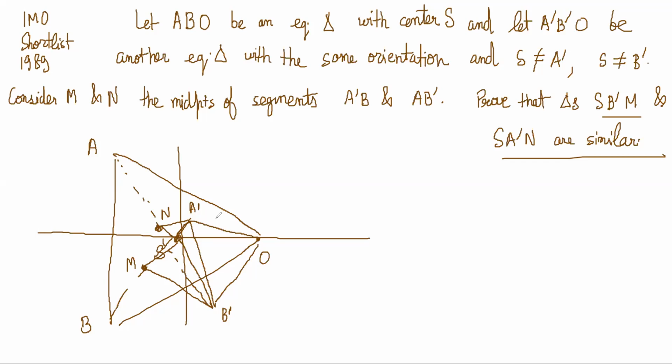So, okay, let's think about it. ABO is my equilateral triangle, right? Let's put coordinates for everything. So let's say the origin is S. S is my origin. ABO is an equilateral triangle.